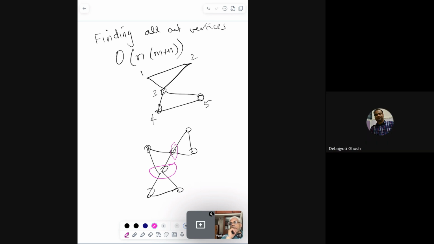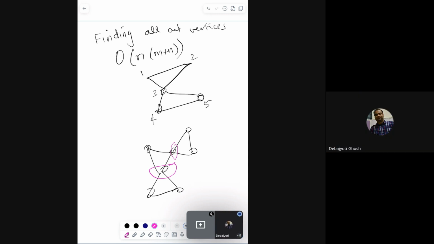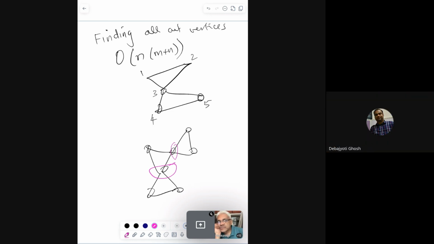So using DFS, we can find cut vertices in order of n plus m time. So to find all the cut vertices, it will take n into m plus n. Sorry, using DFS, depth first, you will find one cut vertex. How? Because it gets disconnected.